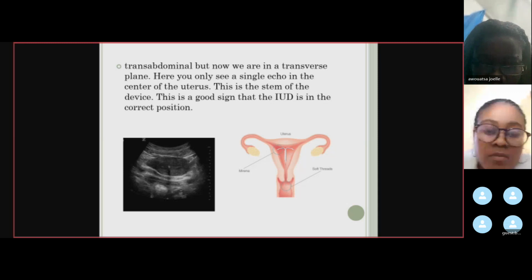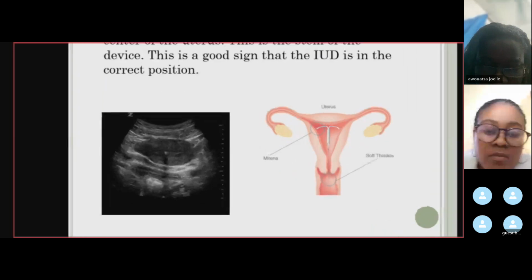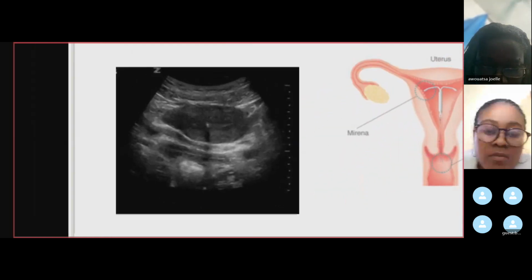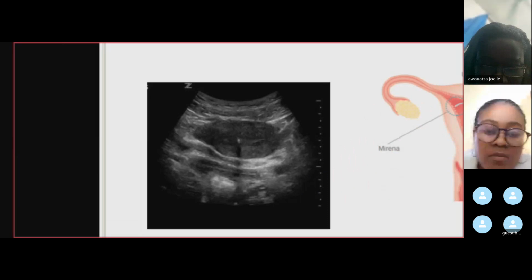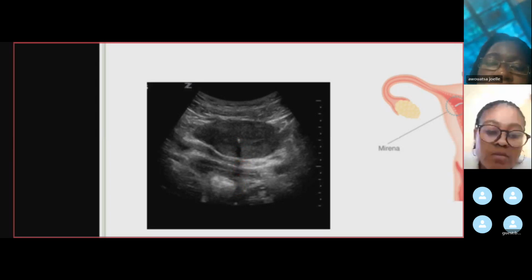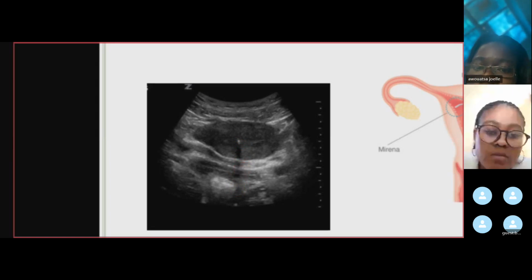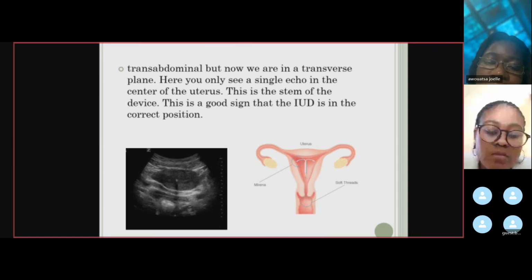So a transabdominal scan is done, wherein we are now in the transverse plane and we see only a single echo. Okay, since it is hyperechoic, we are getting a shadow. This is the shadow which is seen. And since we are in the transverse plane, we are not getting the whole length of that IUD. Okay.